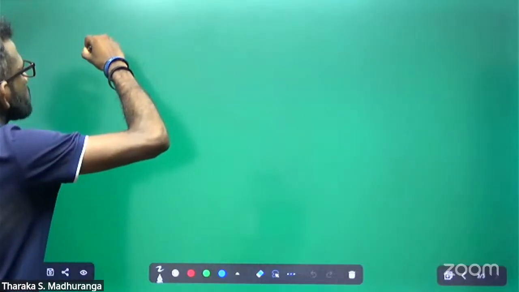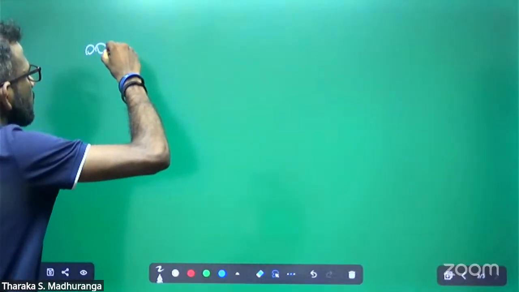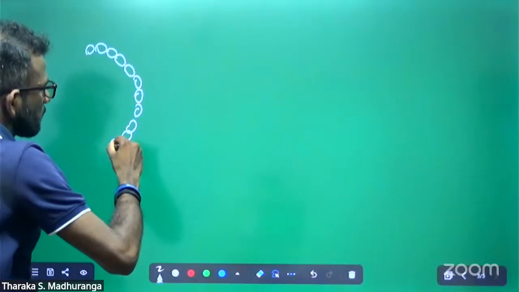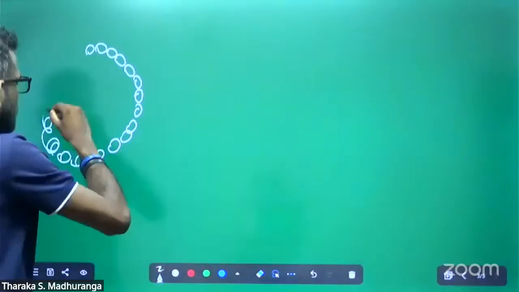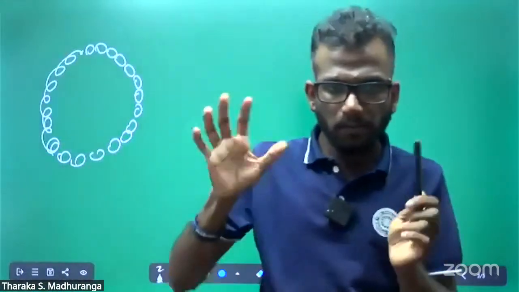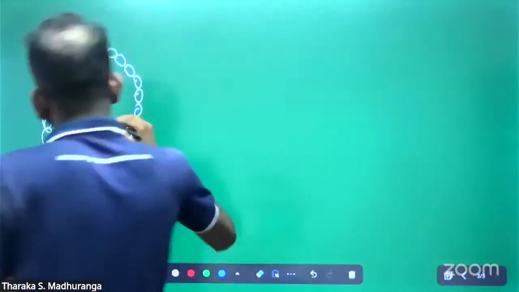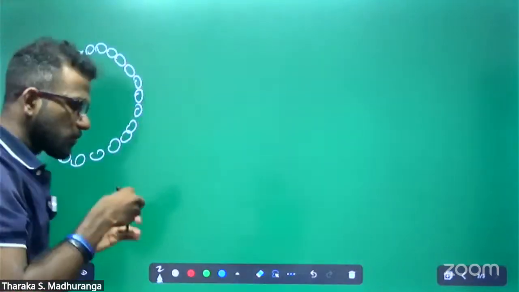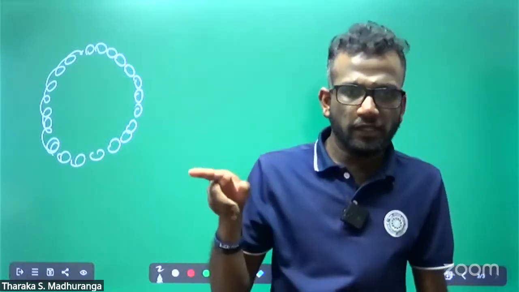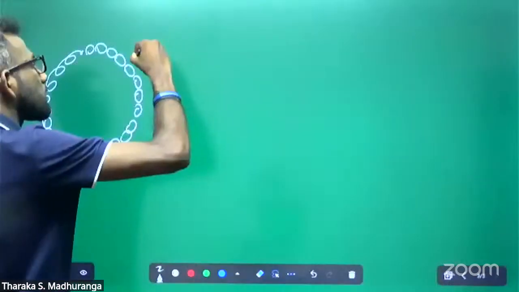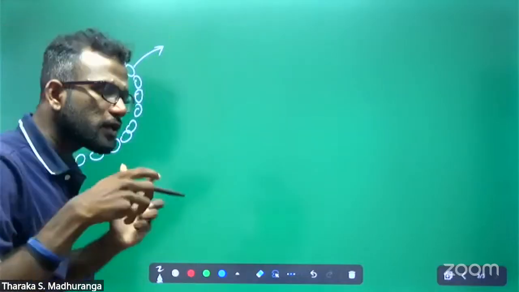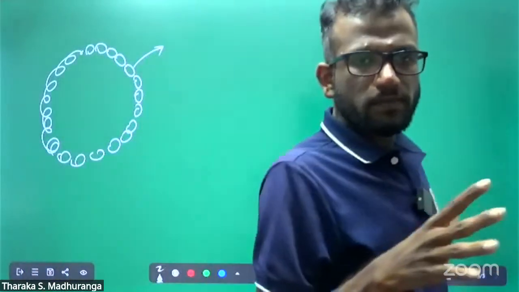Now, if I explain the same thing with another example, think of the polymer as a chain produced by many pebbles. The polymer is like a chain made of pebbles. Because there are many pebbles, it is similar to a polymer. If I separate one pebble here, it is similar to a monomer.